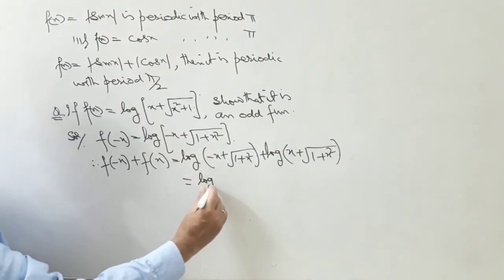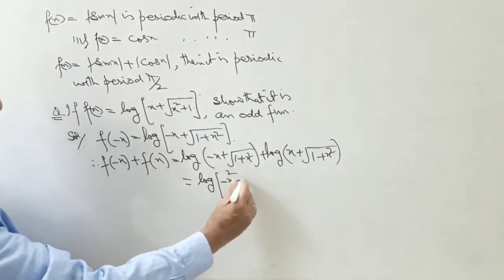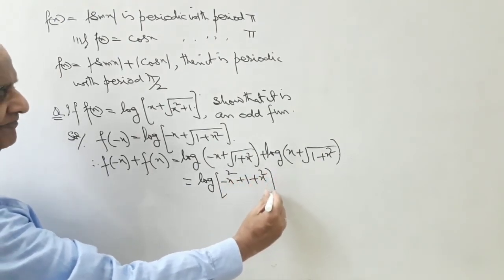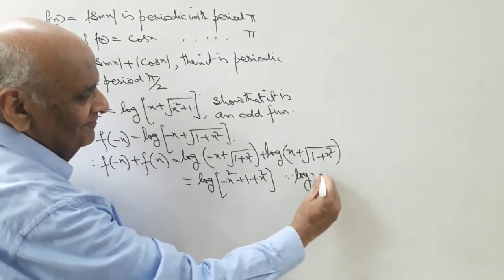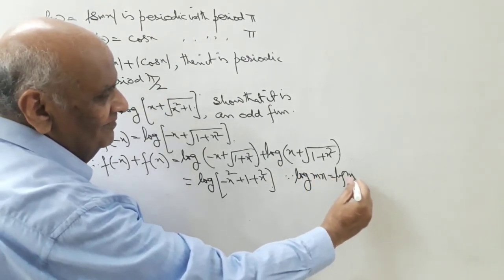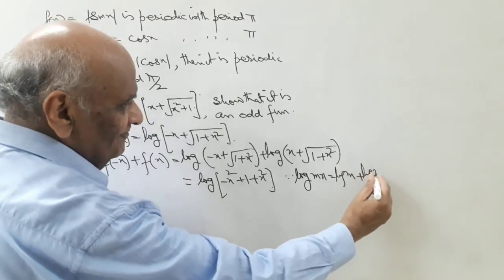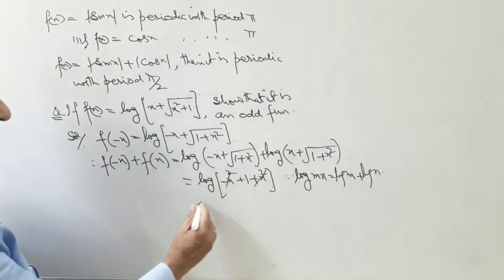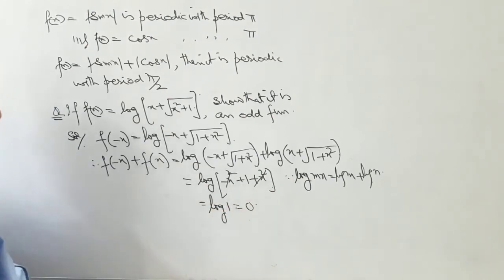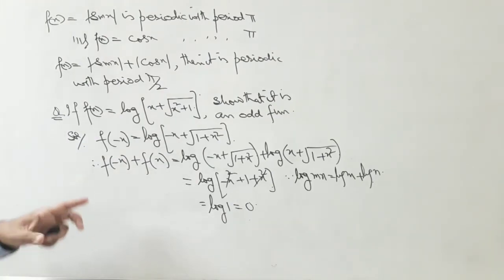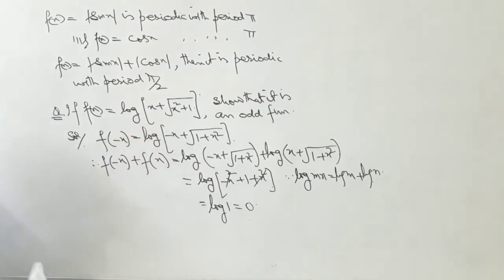It is log of mn, which becomes minus x square plus 1 plus x square, because log of mn is log of m plus log of n. Therefore, it is equal to log of 1, which is 0, because log of 1 to any base simply becomes 0. So such a type of case can be there in the examination, how to examine whether it is an odd function or an even function.